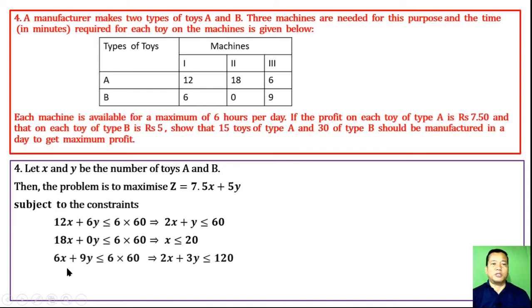For machine 3, 6x + 9y, the available time is 6 hours, so converted into minutes, we simplify and get this. And x and y should be greater than or equal to 0. This is the formulation of the problem.